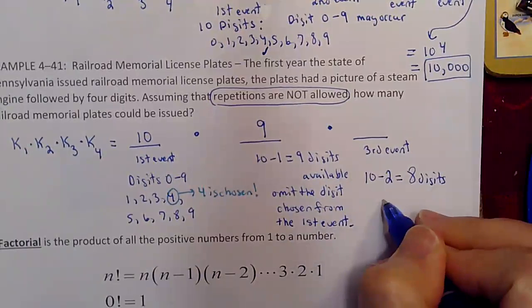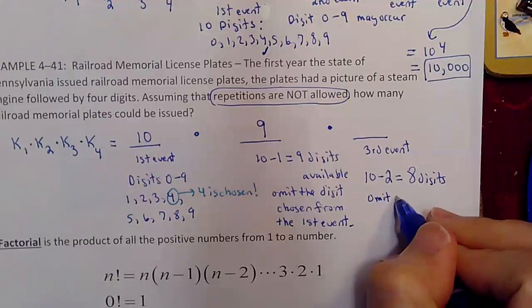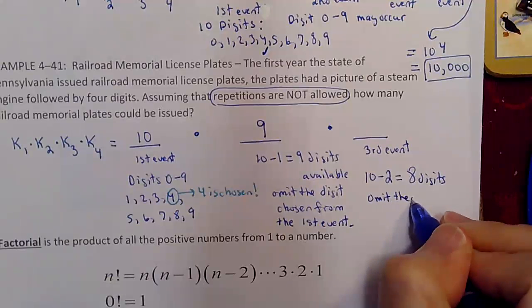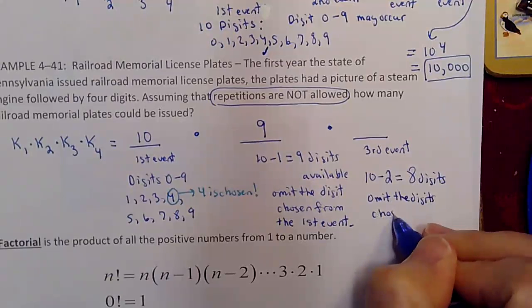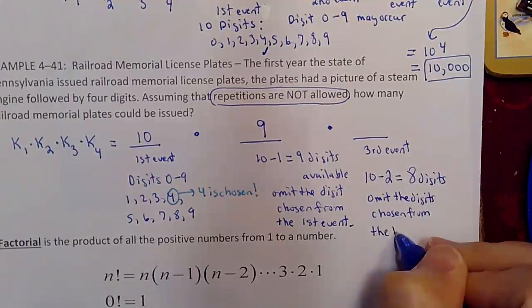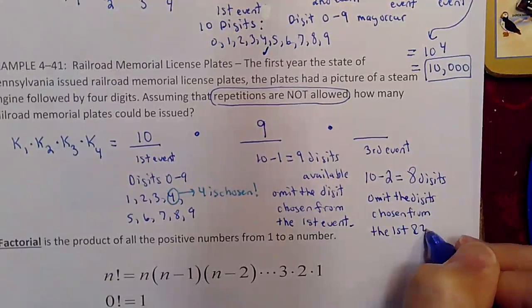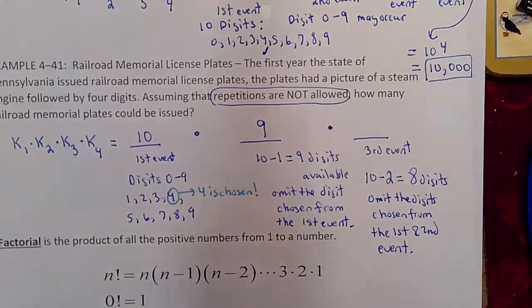You have to omit the digits chosen from the first and the second event. That's why it's 10 take away 2, which is 8, right?